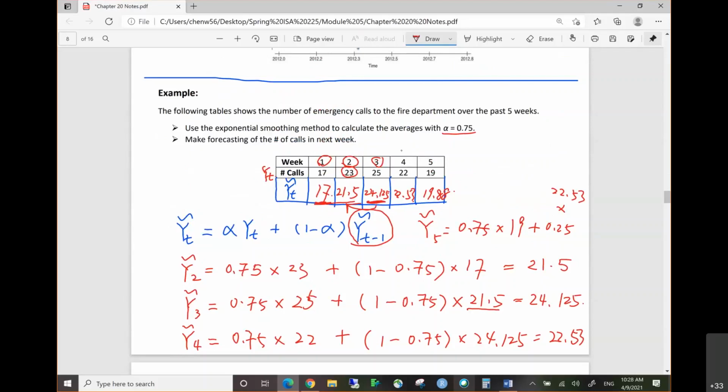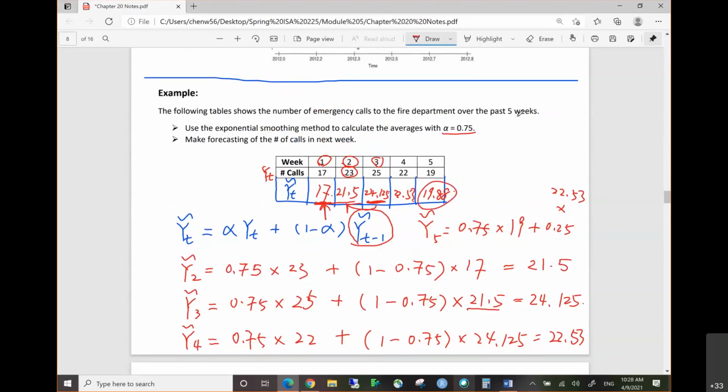So you need to start from the first point, with the first week, and keep calculating the estimated value until the last one.